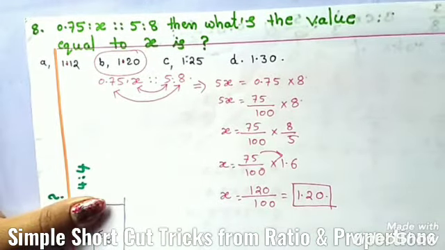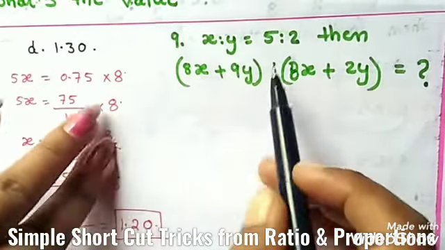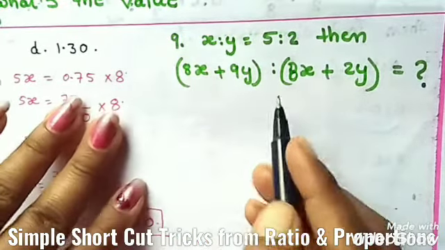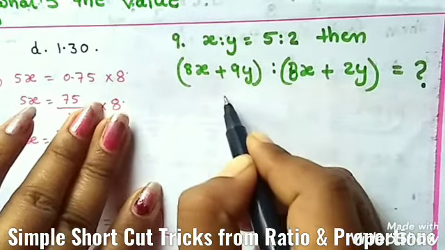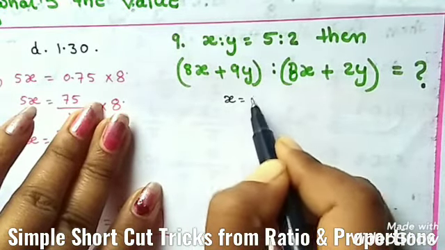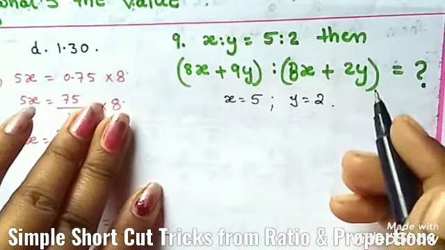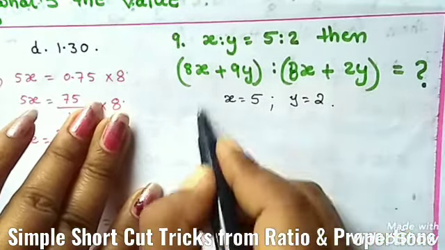Let us see question number 9. x is to y is equal to 5 is to 2. Then 8x plus 9y is to 8x plus 2y is equal to how much? Here x is equal to 5, then y is equal to 2. You should take like this, then you can simply substitute these values.